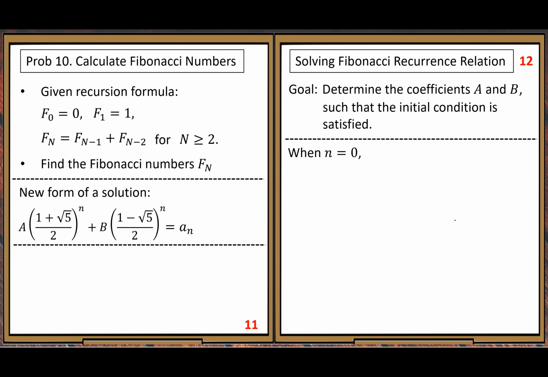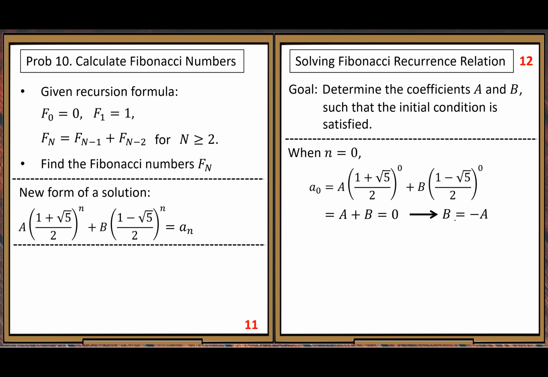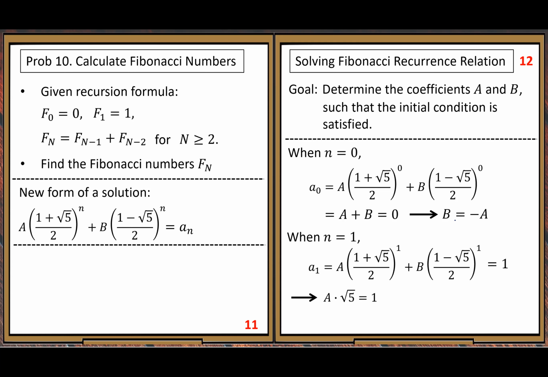Let's plug in n equals 0. a0 equals this expression, and we can simplify it: A plus B equals 0. That means B equals negative A. For n equals 1, little a sub 1 equals this expression, and we can replace B by minus A. That is 1.